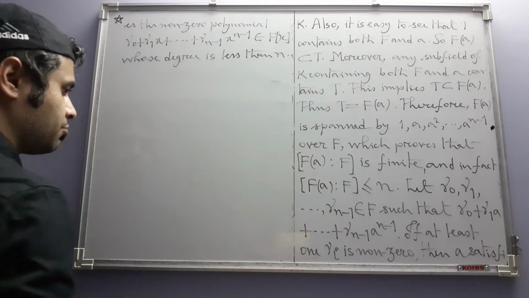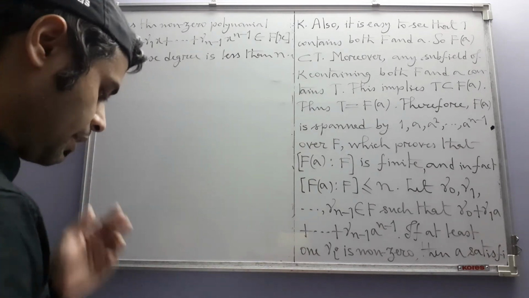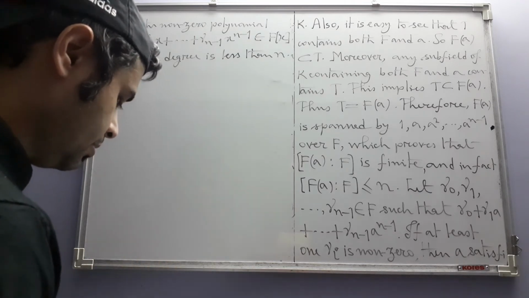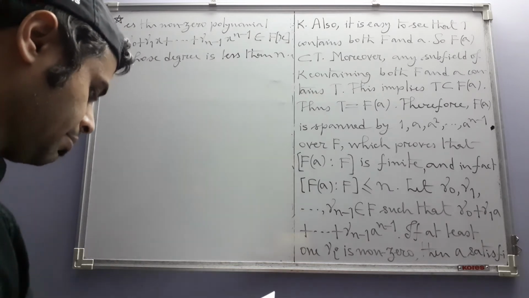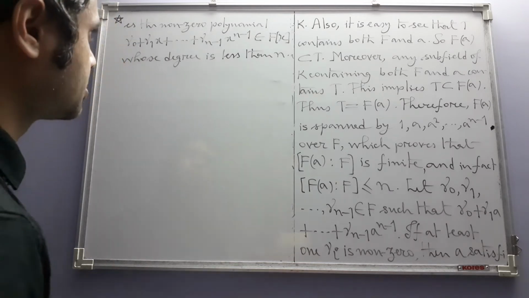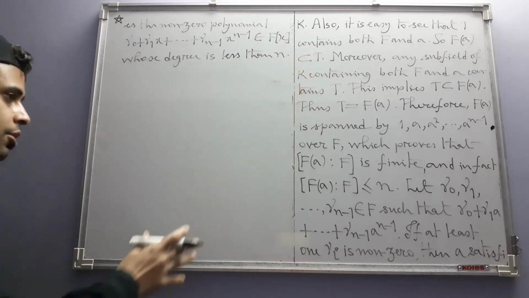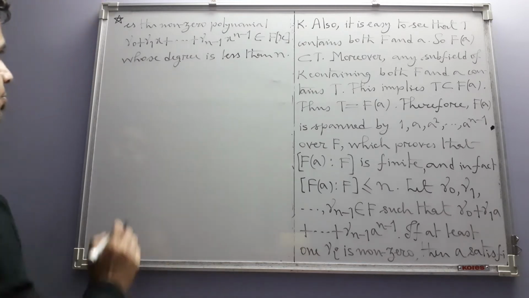Now, what is the problem with that? The problem is that we have considered p(x) to be the minimal polynomial of a. So its degree, which according to us is n, is the minimum possible degree of a polynomial which a satisfies and which is also non-zero.